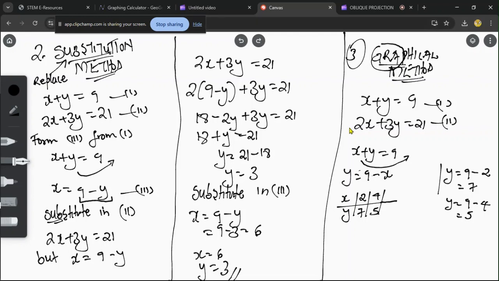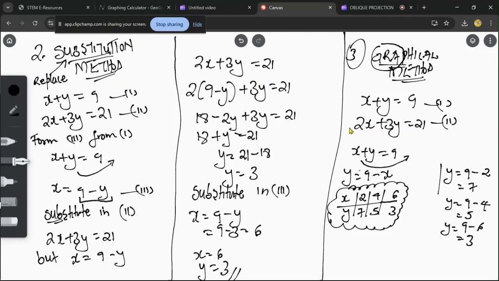What if I put 6? So y will be 9 minus 6, which is the answer is what? 3. So here is 3. So this is what I'm going to plot. I be careful about this table, because I'm going to plot.